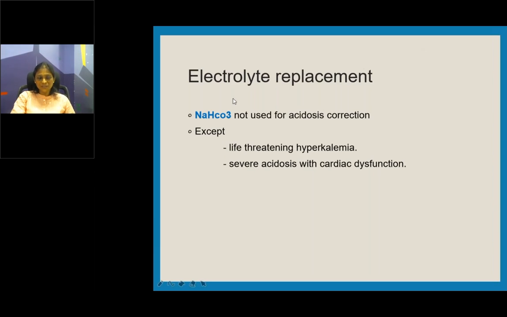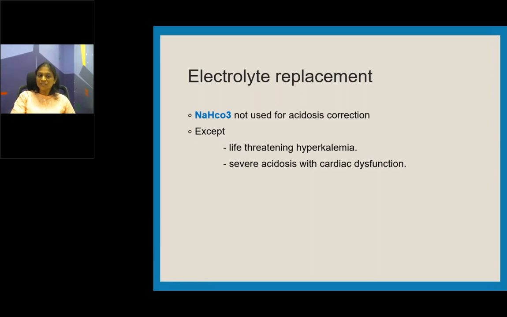But what happens when we give soda bicarbonate for a severe acidosis patient? They say it causes paradoxical CNS acidosis. What happens is, instead of the bicarbonate entering the cell, there is much of carbon dioxide entering the cell and causes intracellular acidosis, worsening cerebral edema. So are there any situations where we can use soda bicarb?